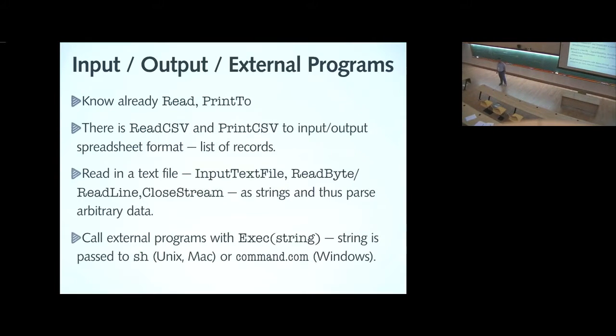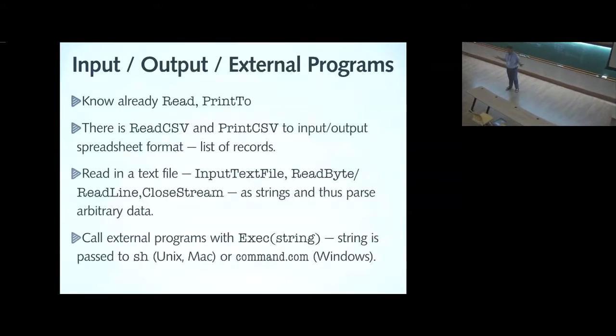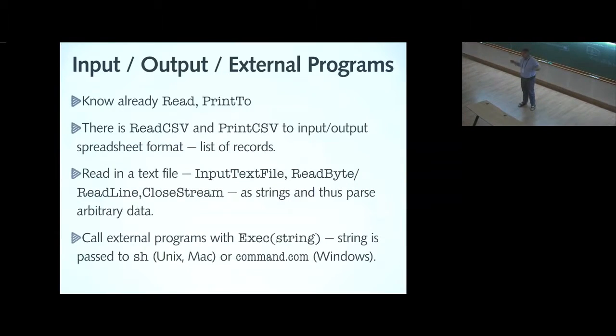If you want to get information out of GAP about some calculations you've done, spreadsheets are convenient ways of storing the results, and you could read these into Excel or whatever your favorite spreadsheet program is and manipulate them there.